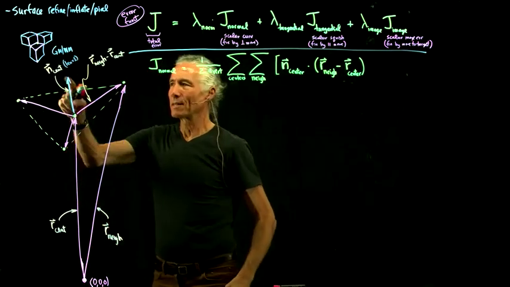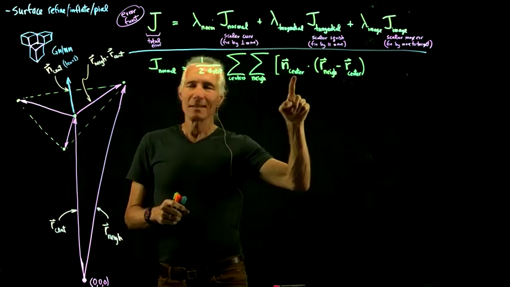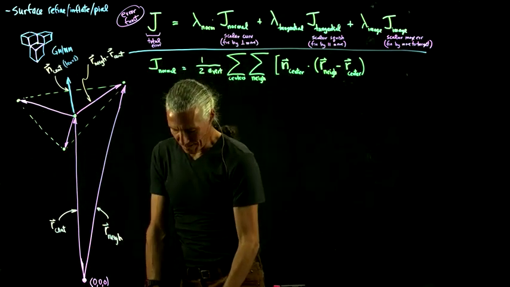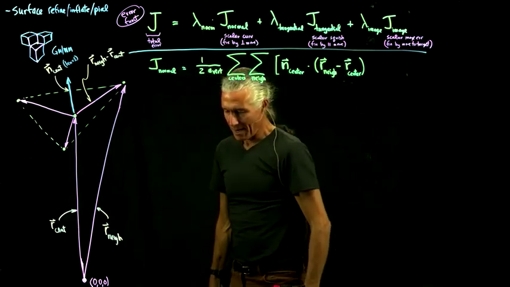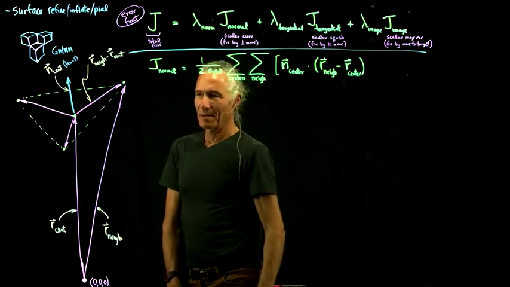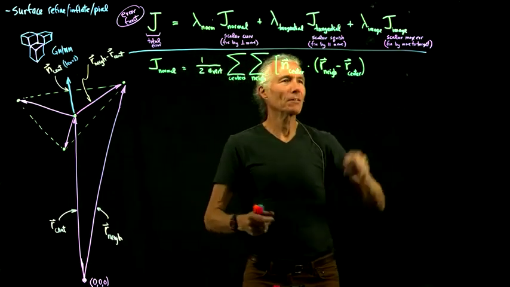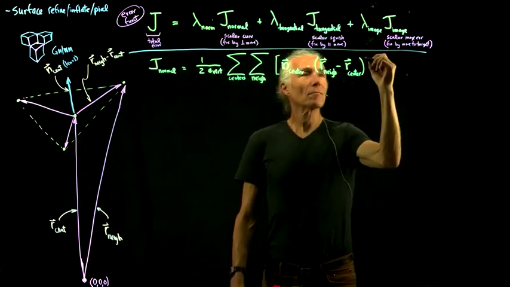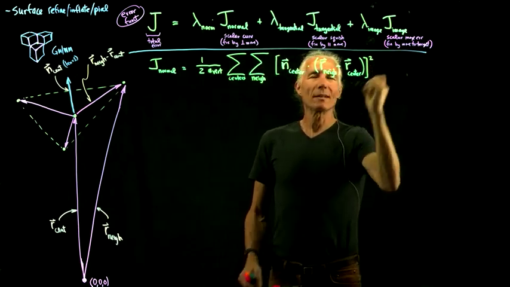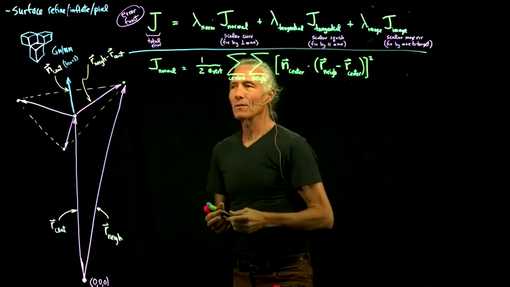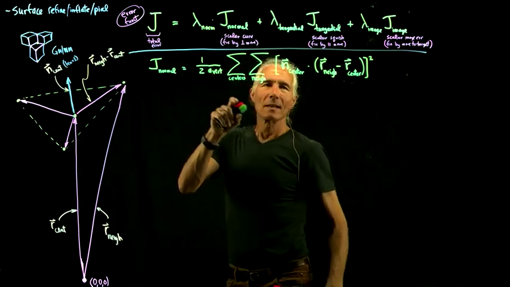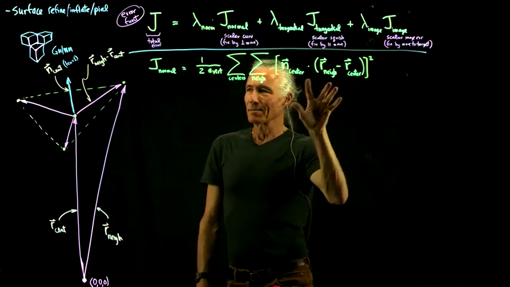So that's our center vector there, and so now let's finish the equation here. So then we're going to take that and square it. And so why do you square it? So what does this mean here?